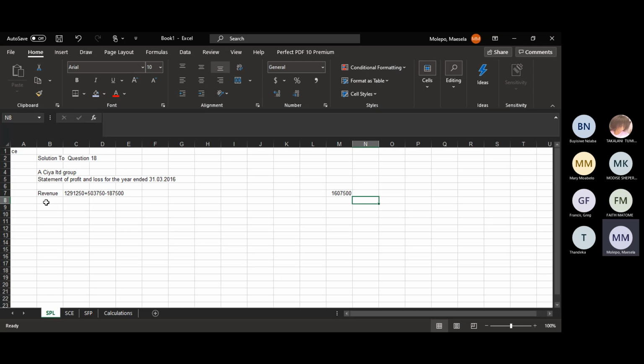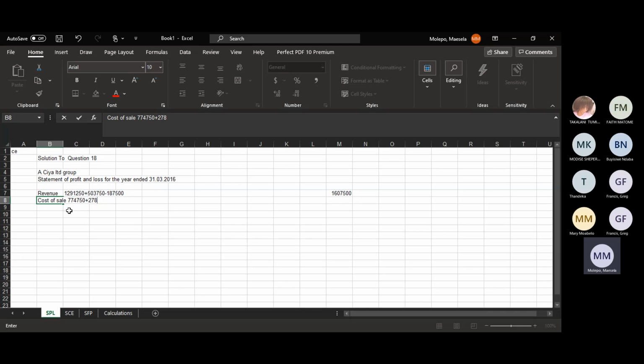Then we go to the cost of sales. The cost of sales will involve the two amounts from the pre-adjustment trial balance, the 750 plus 278,750. Now remember, when someone is selling, it means someone is purchasing, right?